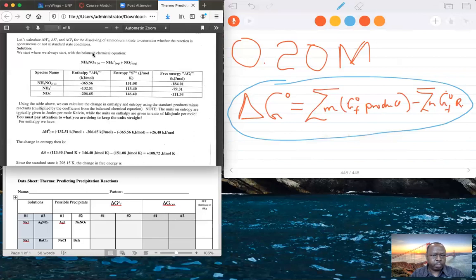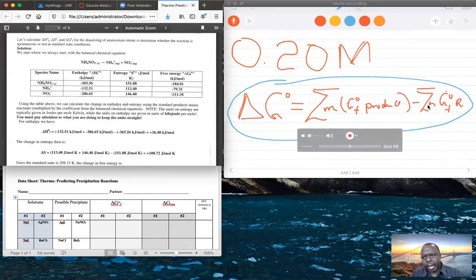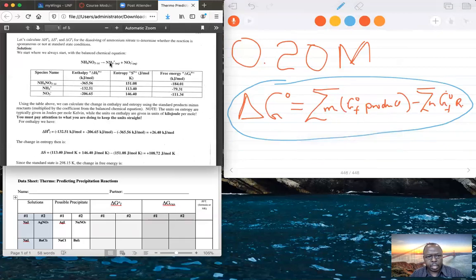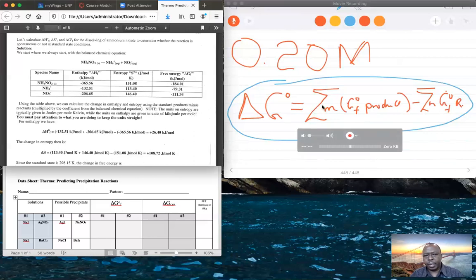Look at the cursor key on the top left corner of the screen. If this is the equation, the coefficient is 1, 1, 1. So M and N are coefficients in the balanced equation. If we have two products, we will have to find for this, and find for that, and we will take it from there.